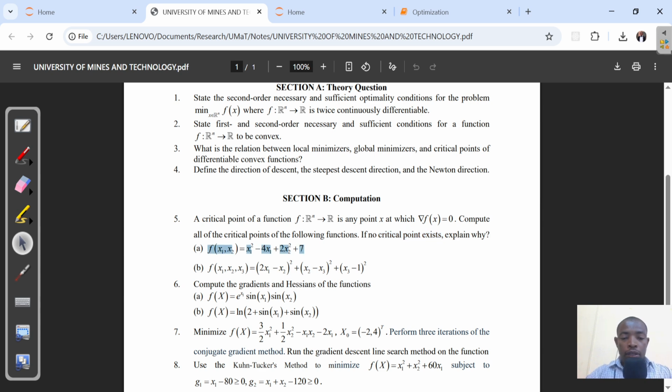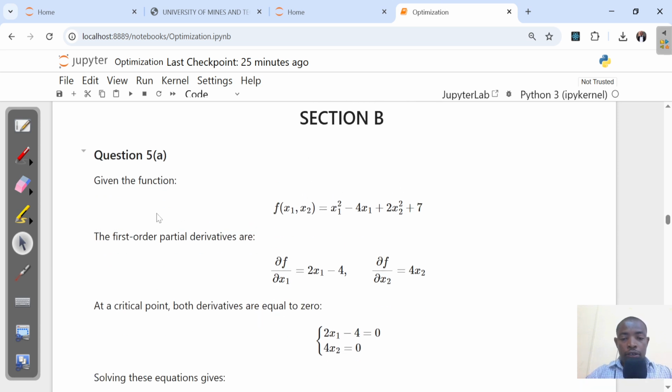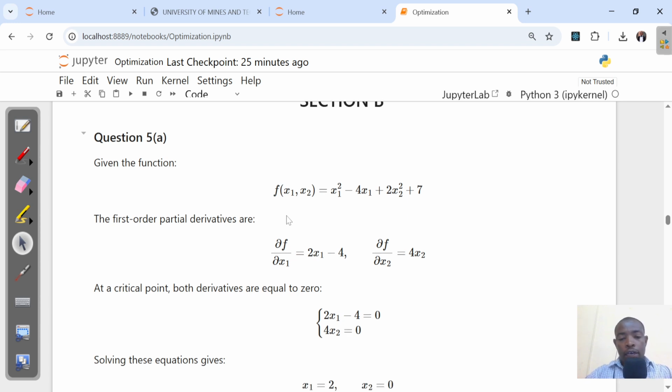I'll explain with the first part of the question. Basically, we have two variables, so we do the partial differentiation with respect to each variable, and then we equate everything to 0.